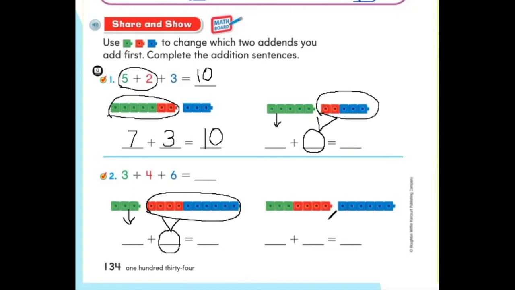You will follow the same routine for the second part. Circle the cube train that is put together. That cube train will show you which 2 addends you will add first. When you're finished circling that cube train, draw a little caret right underneath so you know where to write that sum.